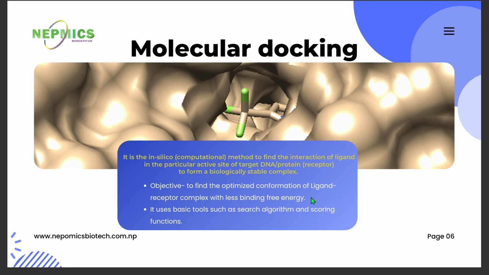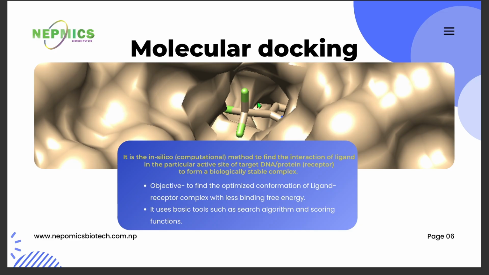So let's talk about molecular docking now. So molecular docking, as the name suggests, dock means to drag a ligand molecule into the pocket of the receptor or active site of the receptor. Okay, so it's an in silico method used to find the interaction of ligand molecules with the active site residues, or you can say amino acid residues present in the active site of the receptor.